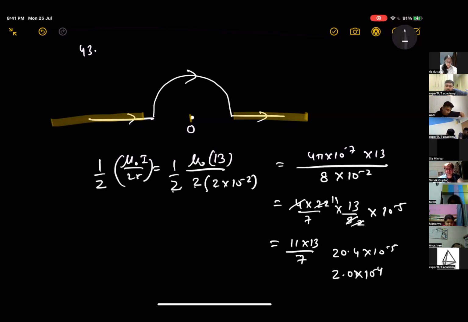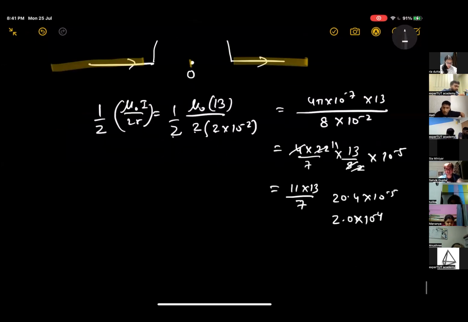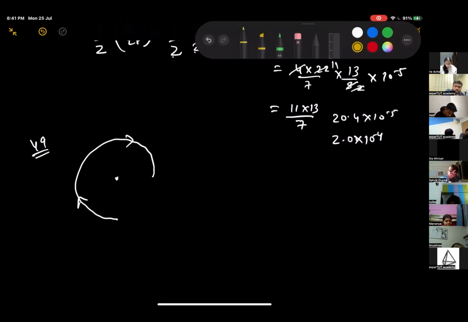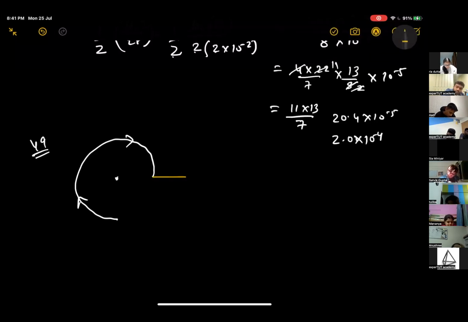I'll show you one more, question 49. Let's look at 49 first. What is in 49? There is a current loop, current I is through the loop. The loop is like this, sorry, my very messy loop. The loop is like this, and then the loop is completing like this. Understood?